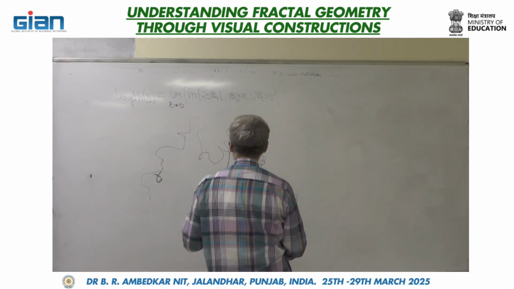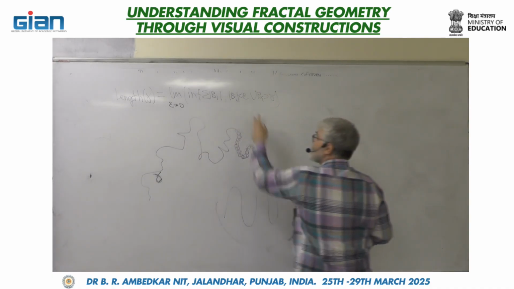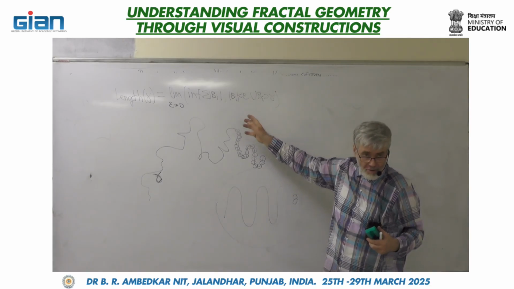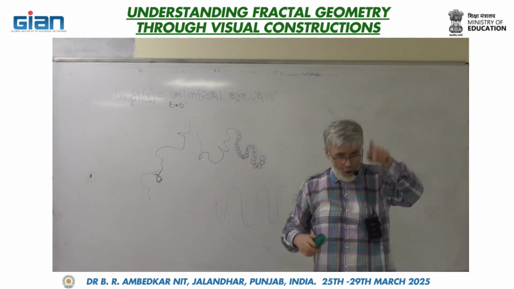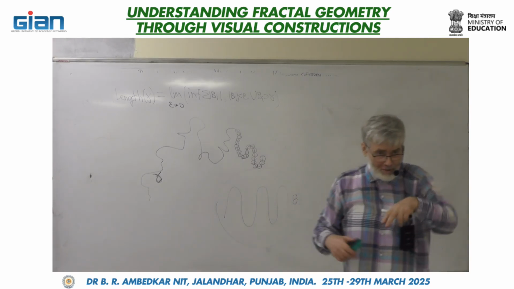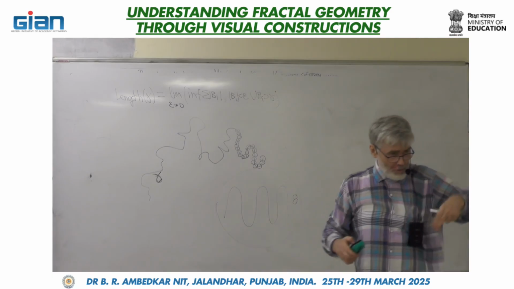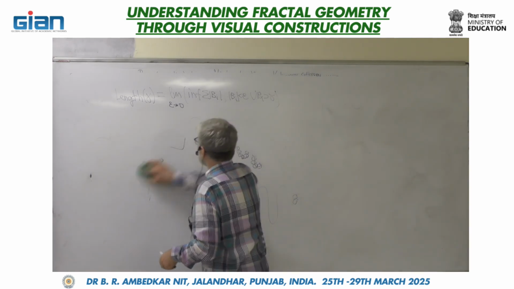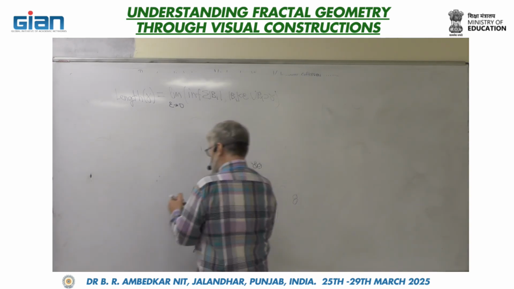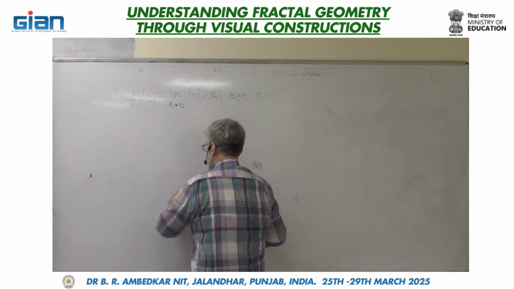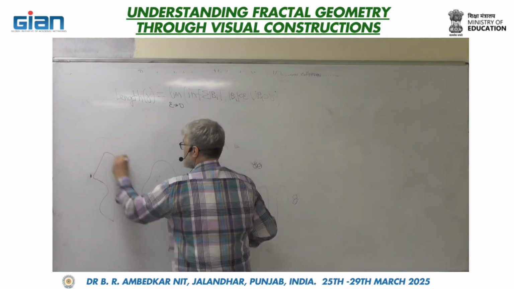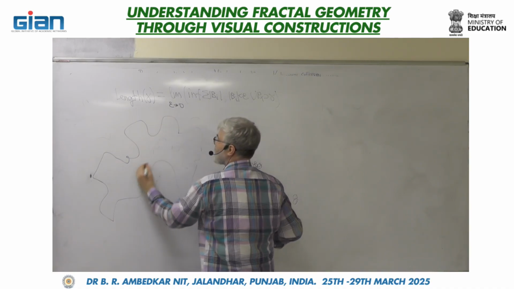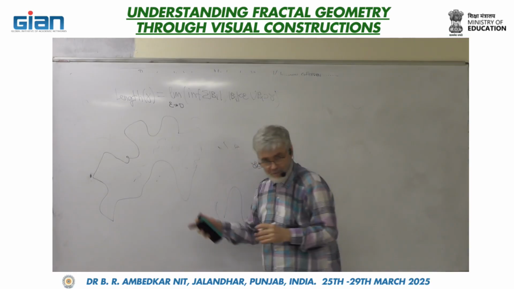If gamma is a curve, we get this length. Sometimes the length of a curve may be infinity. When we have sine of 1 divided by x, then we get a curve of infinite length. And suppose we have a surface, some very complicated surface in R^n.